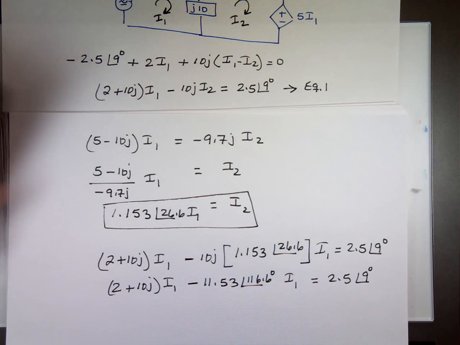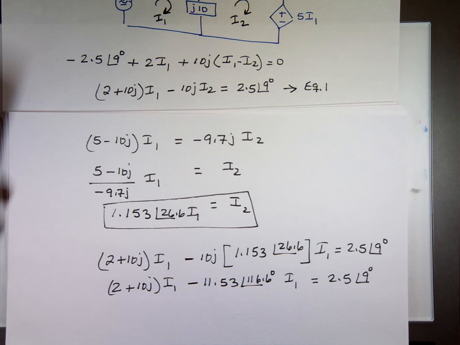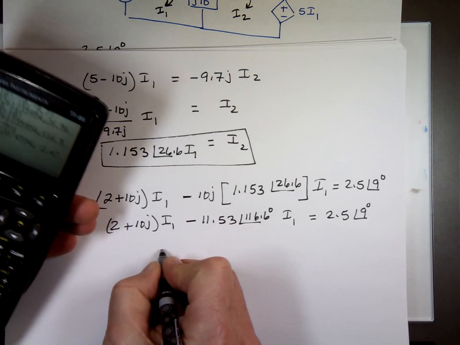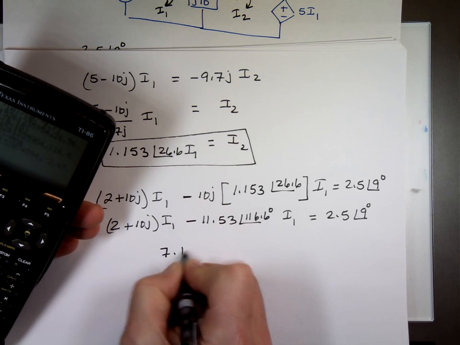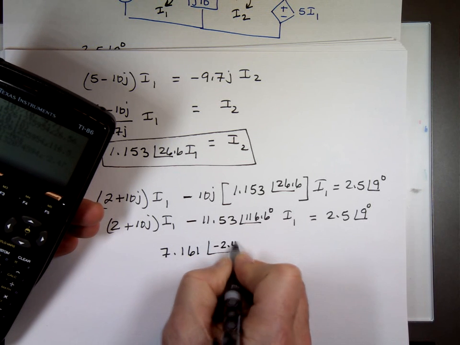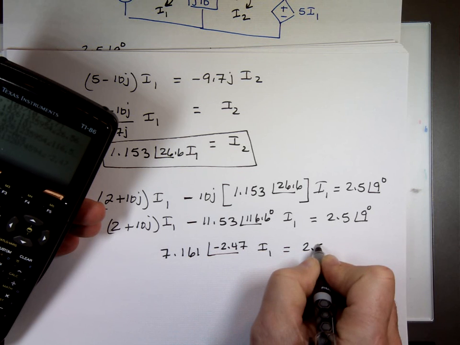You can add these two numbers together or subtract them. 2 comma 10 minus the answer from before. So now I have 7.161 angle negative 2.47 I1 equals 2.5 angle 9.